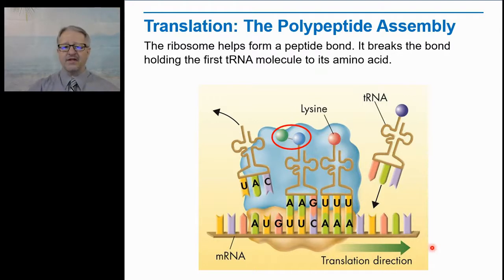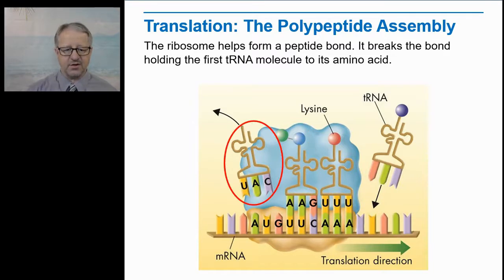Now, at the same time, the bond that's holding the first tRNA molecule to its amino acid actually gets broken. And the tRNA then moves into a third binding site from which it exits the ribosome. Okay, so that very first tRNA enters a third area, if you will, where the bonds are broken and it exits the ribosome. So as the ribosome keeps moving to the next codon, the next codon, the next codon, those tRNA molecules are being released.